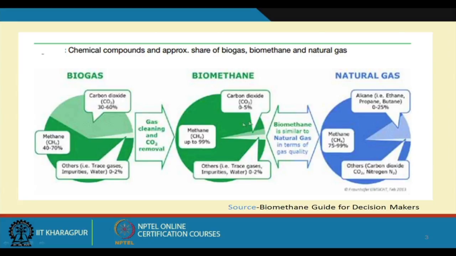Natural gas contains about 75 to 99% methane and alkanes, that is ethane, propane, butane, 0 to 25%. So it is quite comparable, and as I told you, in our country we use CNG, compressed natural gas, for running vehicles, largely in the transportation sector, and it contains mostly methane.